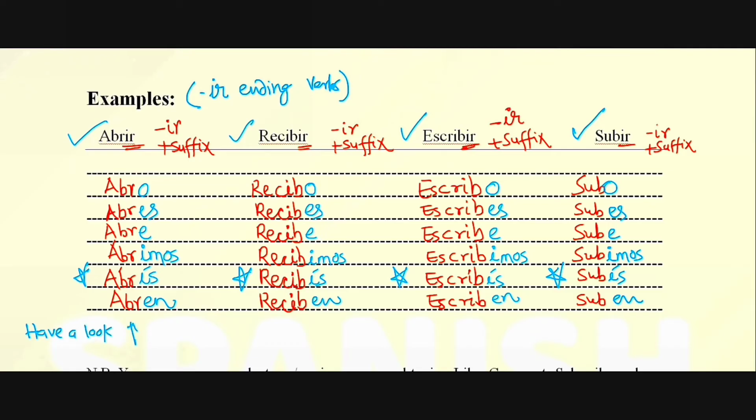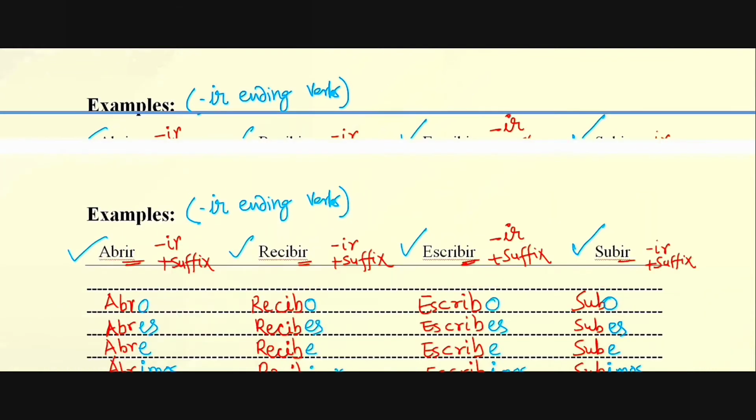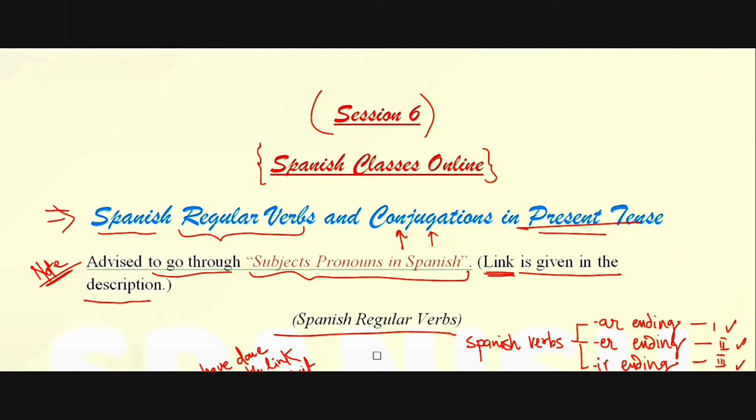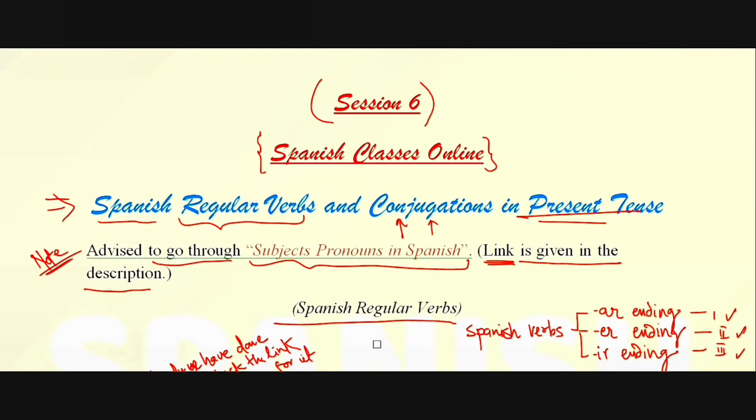Have a look from the beginning. Let's go. See what happens. Revision is important. That's why we have to revise it again from the beginning. See, subject pronouns, you already know. First, second, third person, singular and plural.